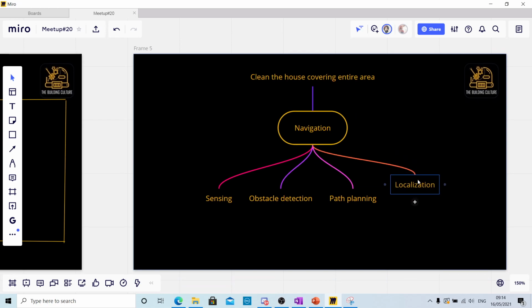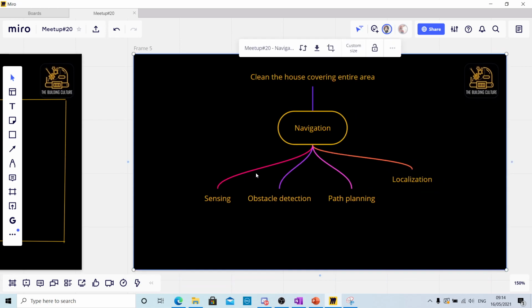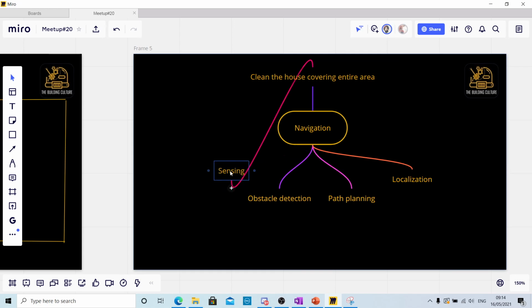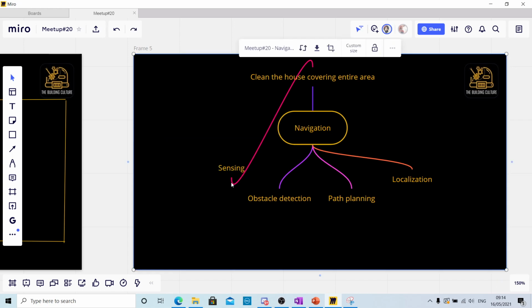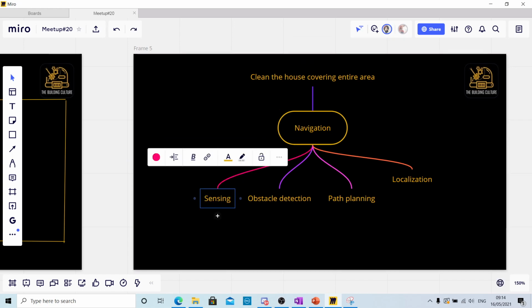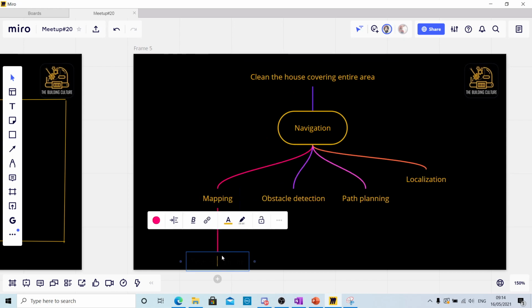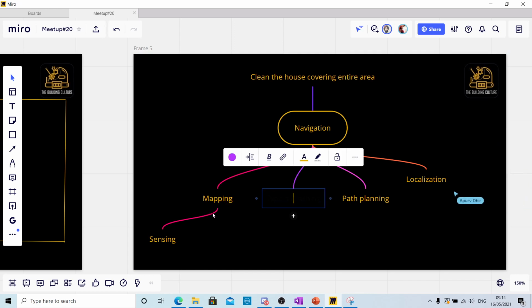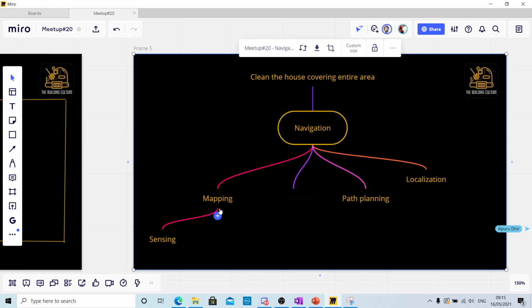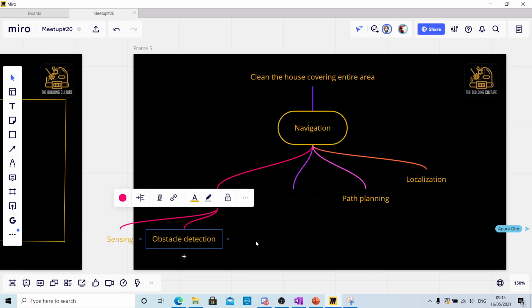So localization would be one thing, and then generating a map of the environment. Mapping, and inside this I think to generate this map we need to have sensing, right? And we need to have obstacle avoidance as well.